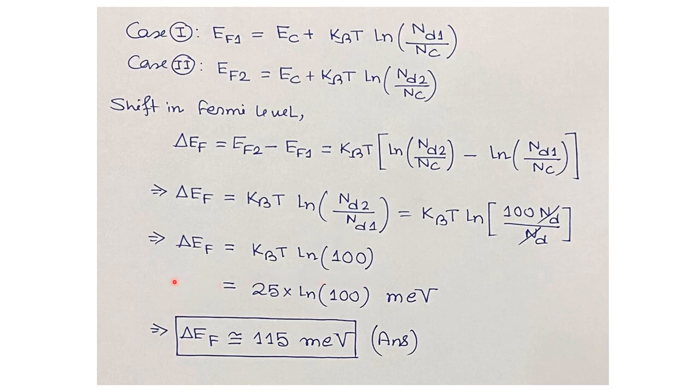Now at temperature 300 Kelvin, the kBT, that is thermal energy value, is 25 millielectron volt. So if we put that kBT value, we'll get del EF as 25 times ln of 100 millielectron volt. So our del EF will be around 115 millielectron volt, and this is the final answer for this question.